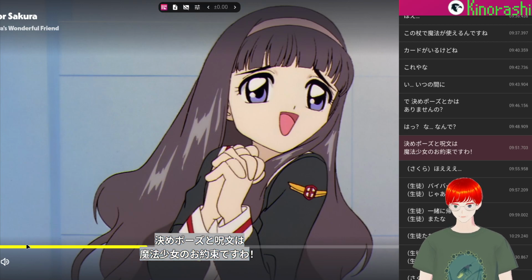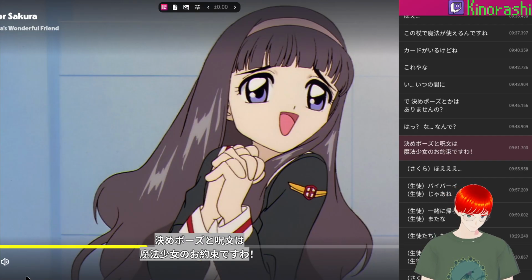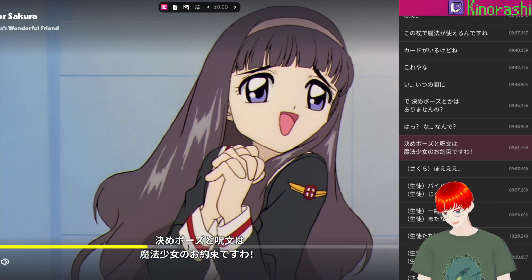So let's see what that comes out to be. The signature pose, an incantation, or a magic girl's promise. I think that's a bad translation. Let's see. Magical girls' must-haves. That's probably a more accurate translation.